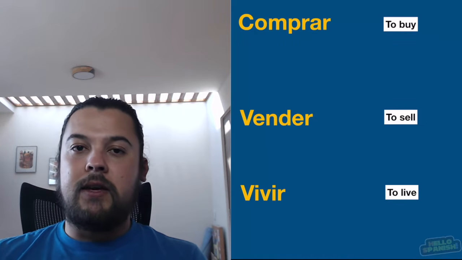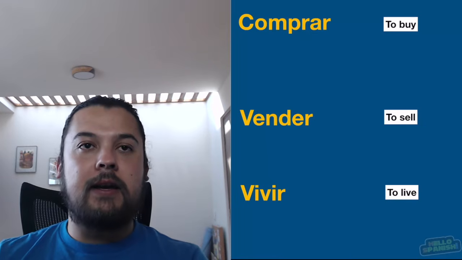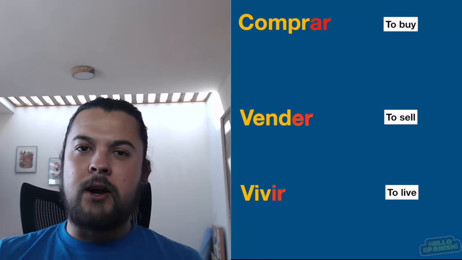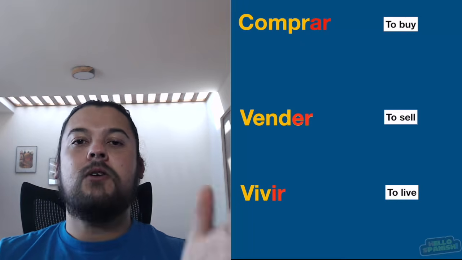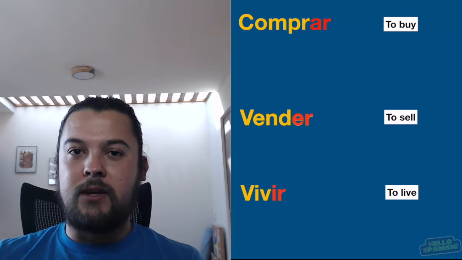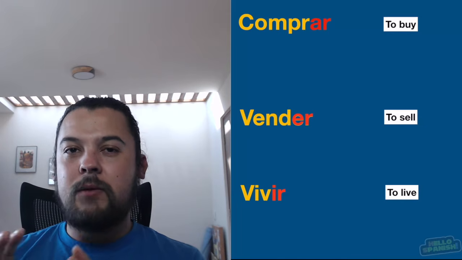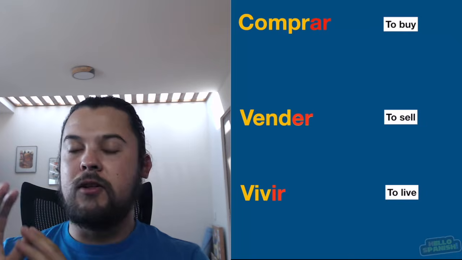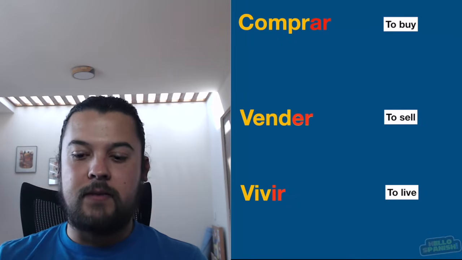Each category is differentiated by the ending of the verb. So we have categories of AR verbs, ER verbs, or IR verbs. The very first thing you need to remember: all verbs in Spanish fit into one of these three categories. There are not more categories, there's only three that fit here.